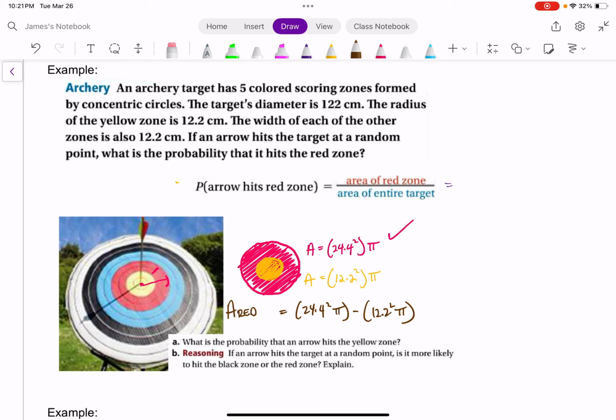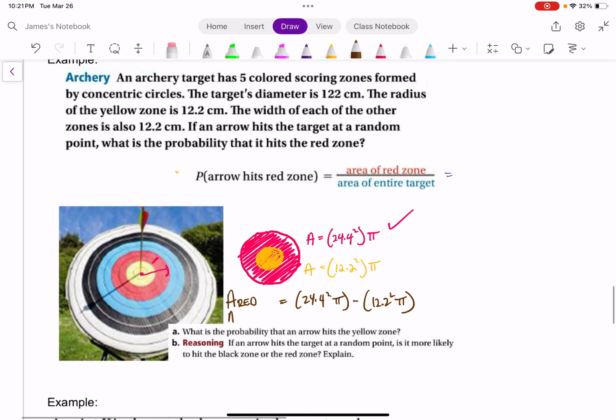I'm going to give you a word here. It's kind of a donut. The math word for donut here is an annulus. So when I look at that red annulus, or ring, that should be this area right here. So that is going to be my numerator.